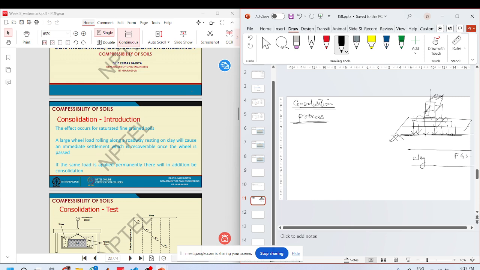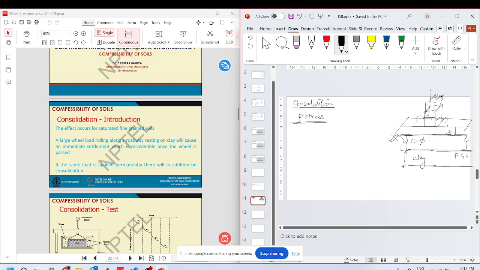The top portion may be good, well graded soil, so I could feel that the ground is quite solid. But I would not know that there is a weaker layer at the bottom.